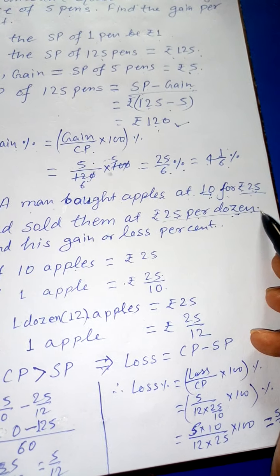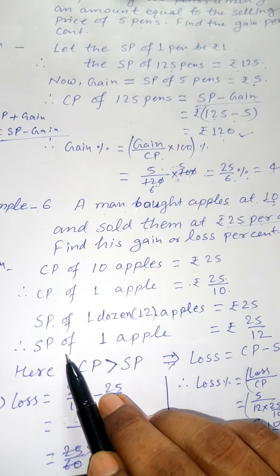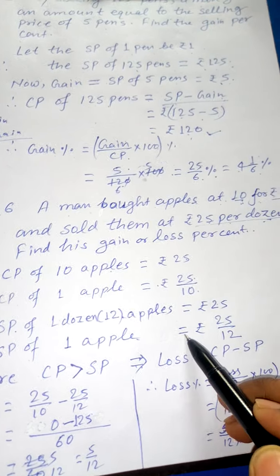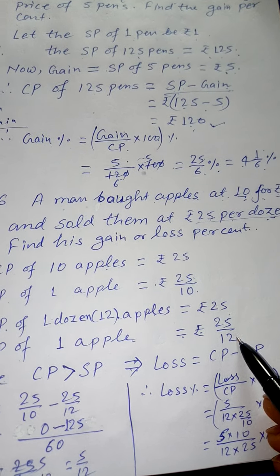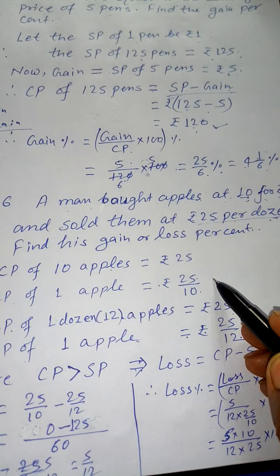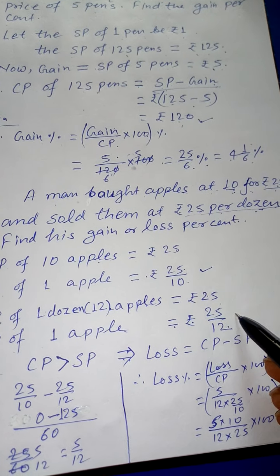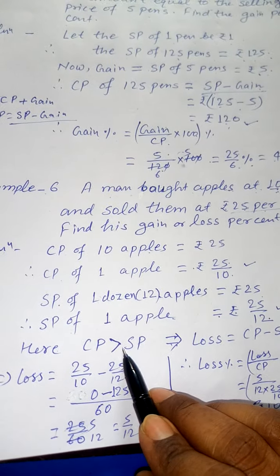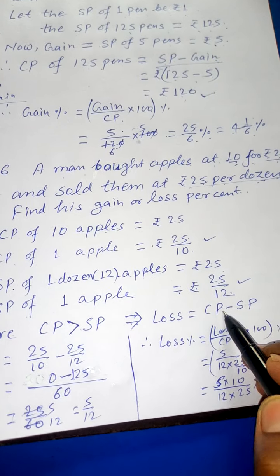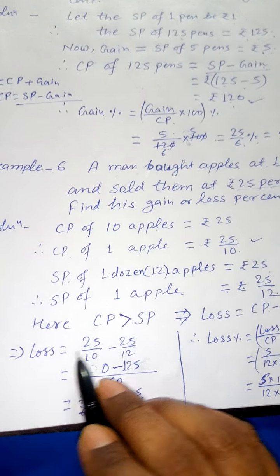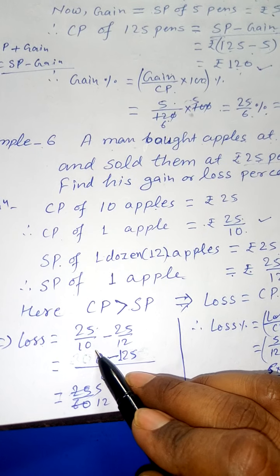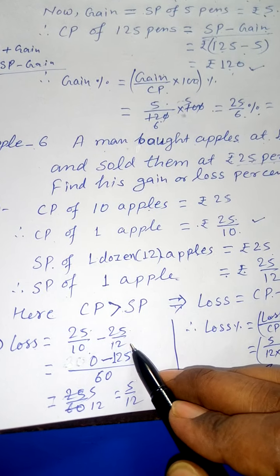So the selling price of 1 apple equals rupees 25 by 12. Here you can see the cost price is greater than the selling price. Therefore loss equals cost price minus selling price, which is 25 by 10 minus 25 by 12.